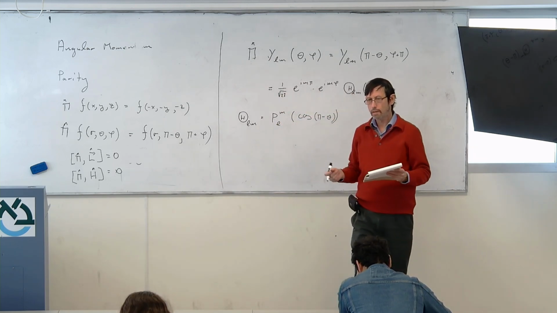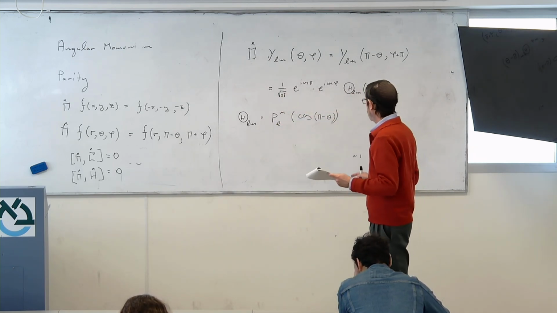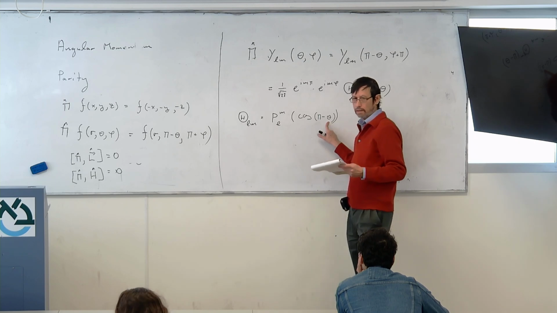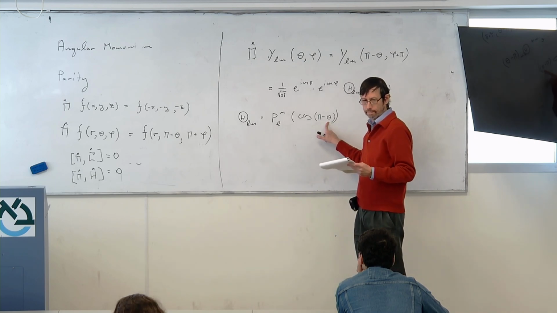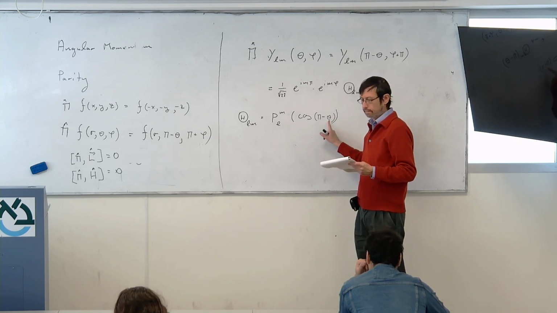So it's a Legendre polynomial of cosine of pi minus theta.